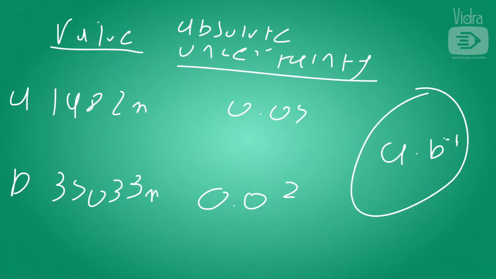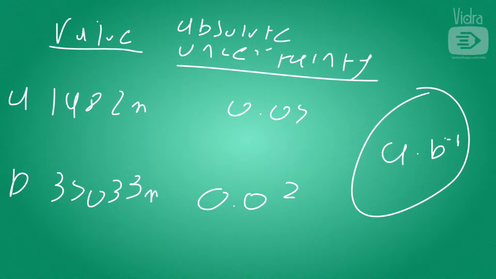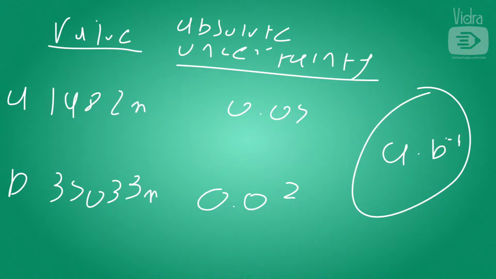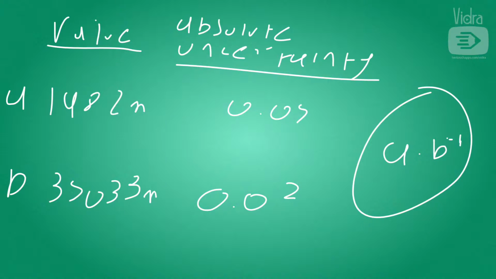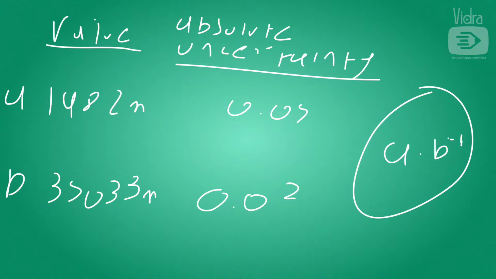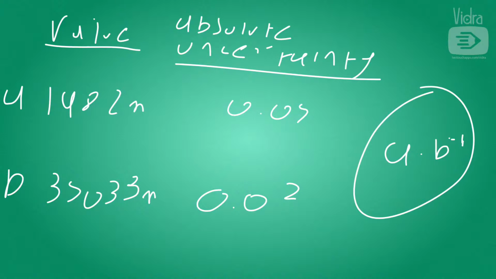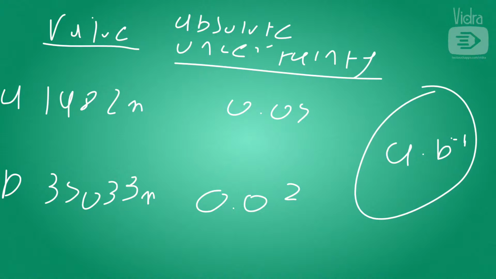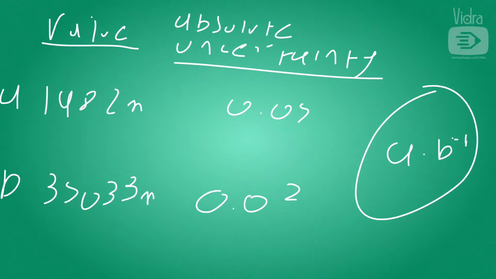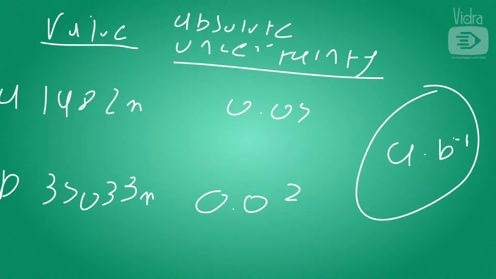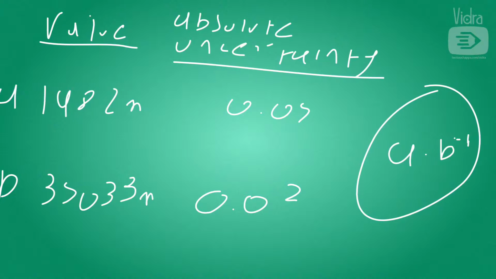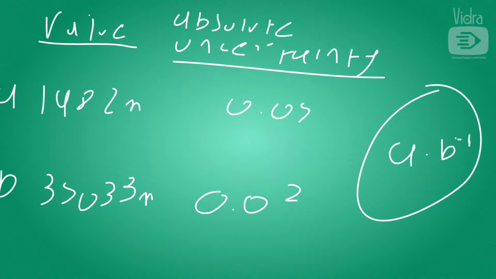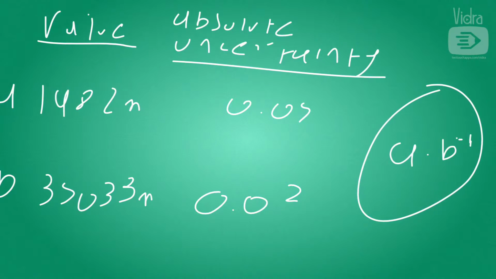They are also telling us that the value of B is 35,033 meters, and its absolute uncertainty is 0.02. So what do we do with this? They are telling us to multiply these values and these absolute uncertainties.